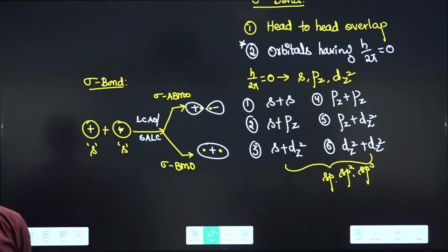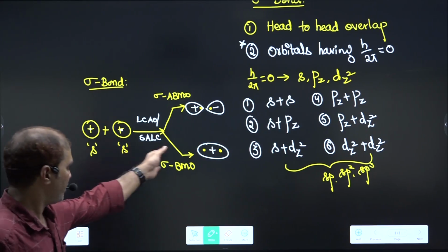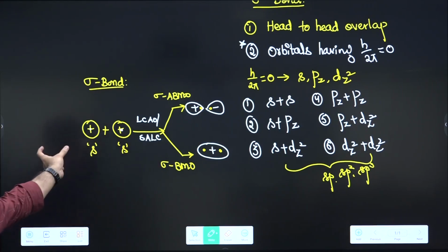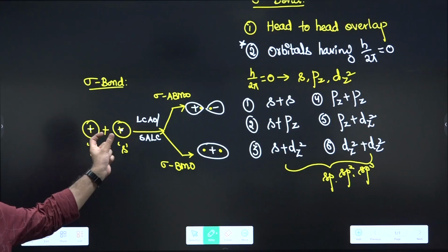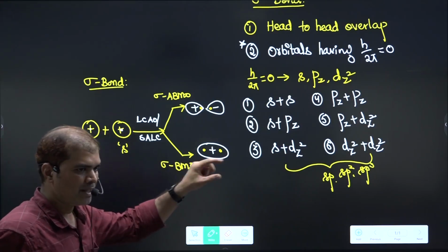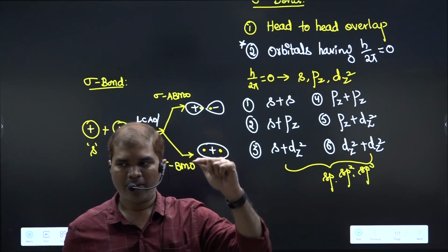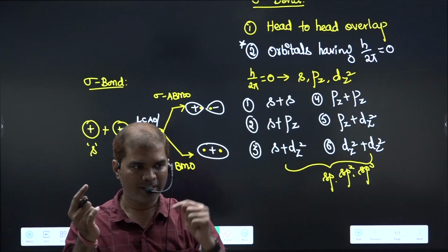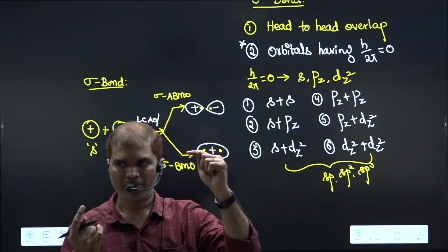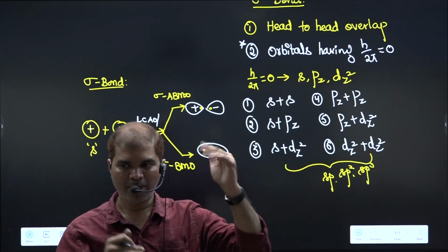Simply from the diagrams also you can see between the nuclei, in the atomic orbitals, the electron density is comparatively low. But in a bonding molecular orbital, the electron density between the two nuclei increases. Whenever electron density between the two nuclei increases, that is BMO. Whenever it decreases, that is ABMO.